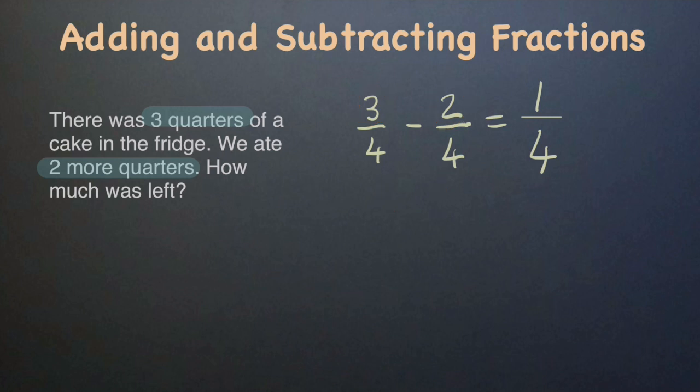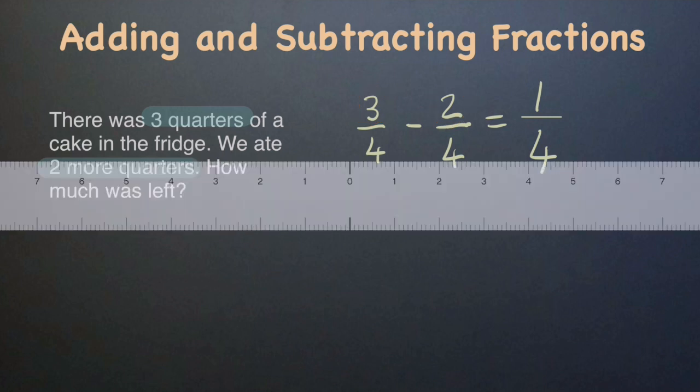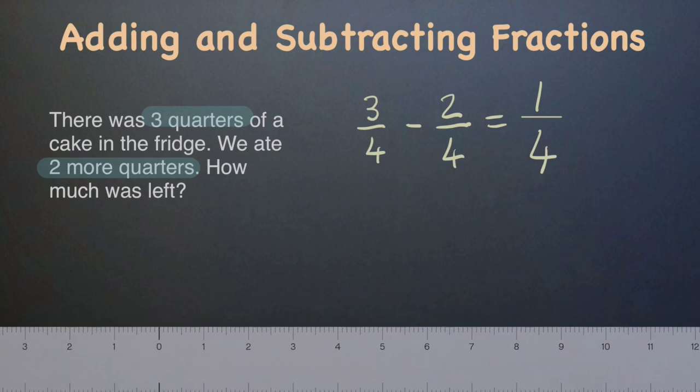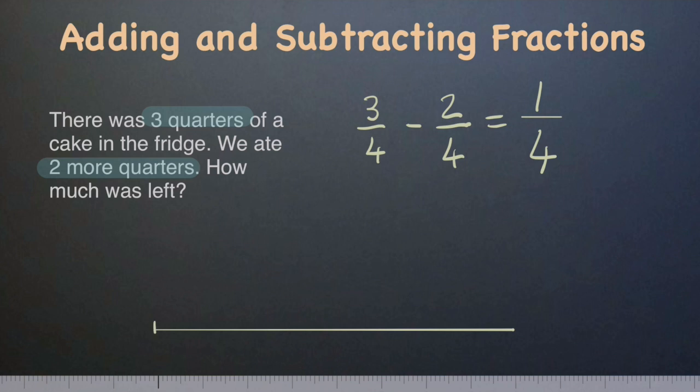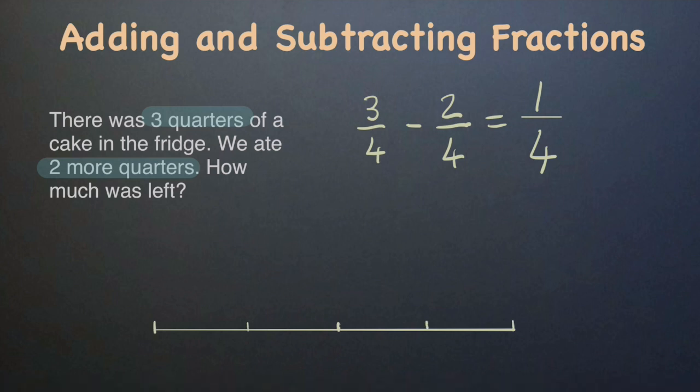I could show it on a number line. I'm going to do 8 this time, just because I know that's helpful. So I could say there's 0 here, 1/4, 2/4, 3/4, and 4/4.